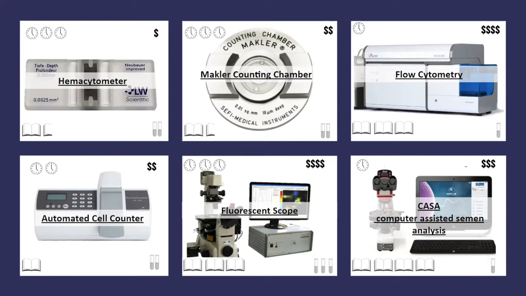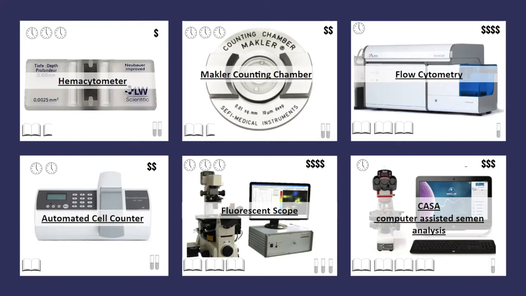This is where you can start looking at more microscopic and advanced sperm quality characteristics when you start using things like the fluorescence scope, which unfortunately is quite expensive, usually has a pretty high initial investment in both cost and time, because you have to develop all of your protocols for the stains you want to use.